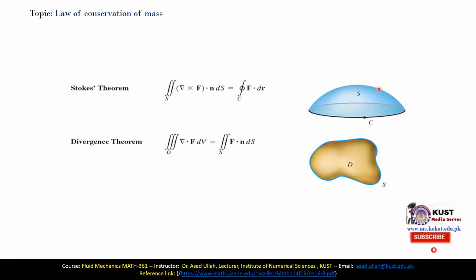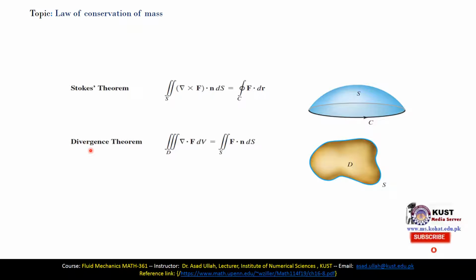Here you can see that this is the closed curve C in the counterclockwise direction, while this is the whole surface S. So, by Stokes' theorem, we can relate the surface integral and the closed path C integral to each other.